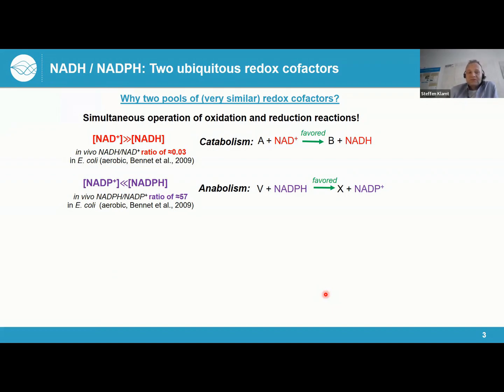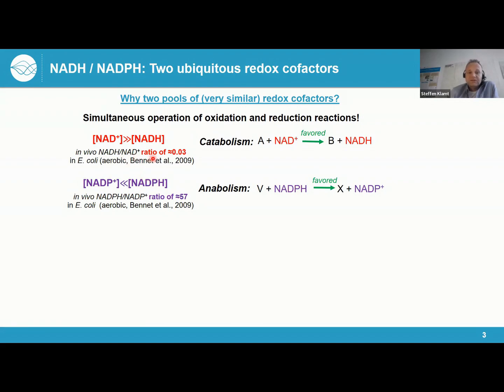The common view here is that the 2 redox cofactor pools enable the simultaneous operation of oxidation and reduction reactions. Even though the standard redox potential is identical, the 2 pools have very different in vivo redox potentials, because cells maintain the NAD pool mainly in the oxidized form, whereas the NADP pool is mainly in the reduced form.